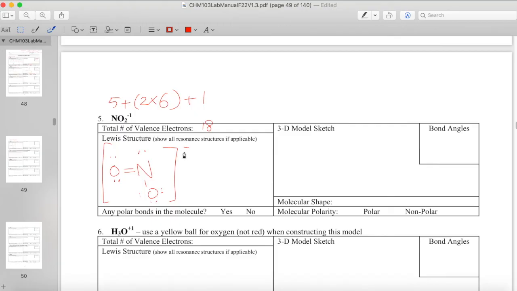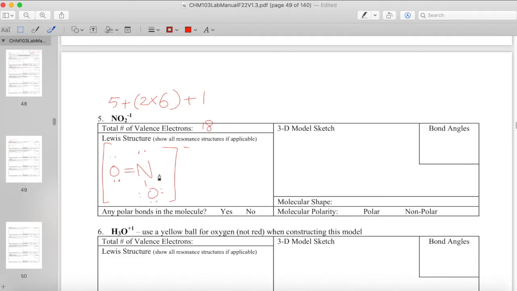Okay? All right. But now that brings up the question, could we have a resonance structure for this? And the answer is yes. Remember, I just arbitrarily chose to draw this double bond between the nitrogen and this oxygen? Well, I could have easily just chosen to draw it down here between the nitrogen and this other oxygen.